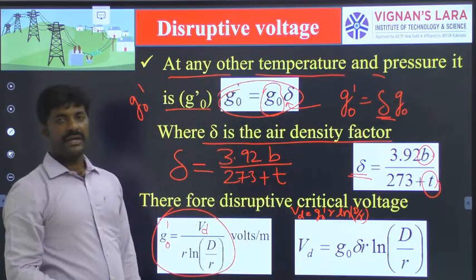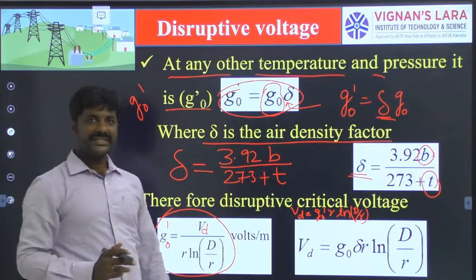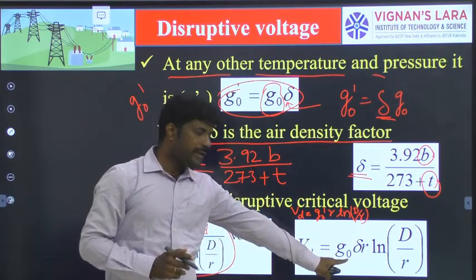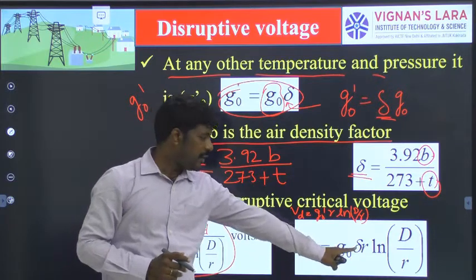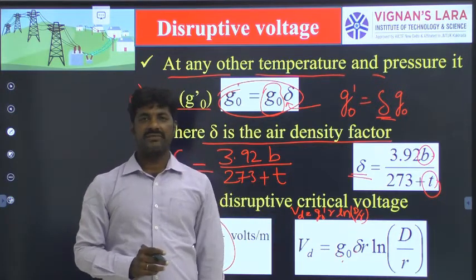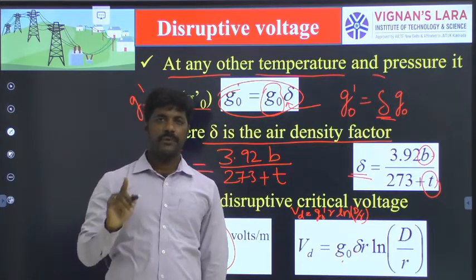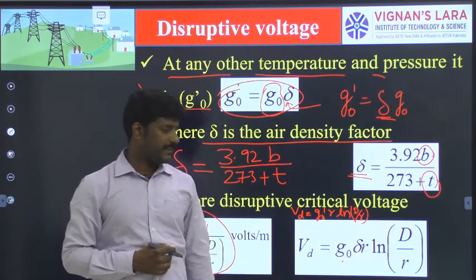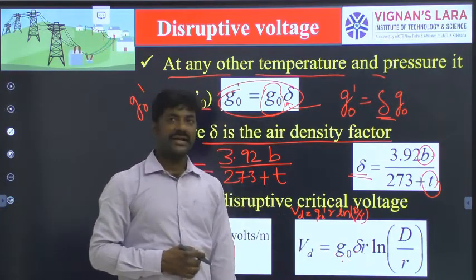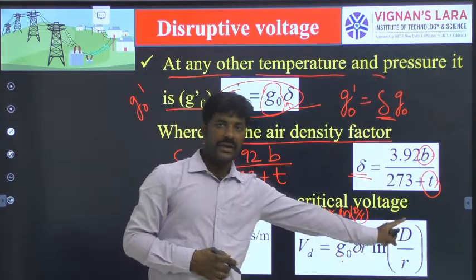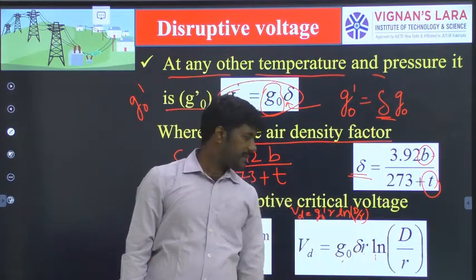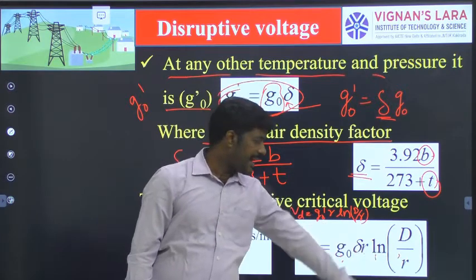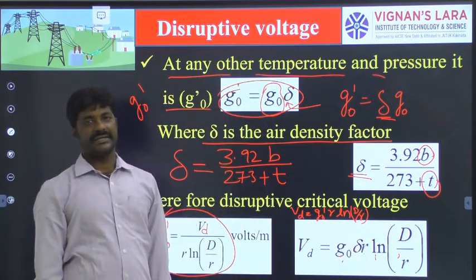So the formula for disruptive critical voltage is G naught, the air breakdown strength of 30 kV per cm peak value, delta, the air density factor 3.92 into B by 273 plus T, R the radius of the conductor, ln of D by R. D is the spacing between the conductors, and R is the radius of the conductor.